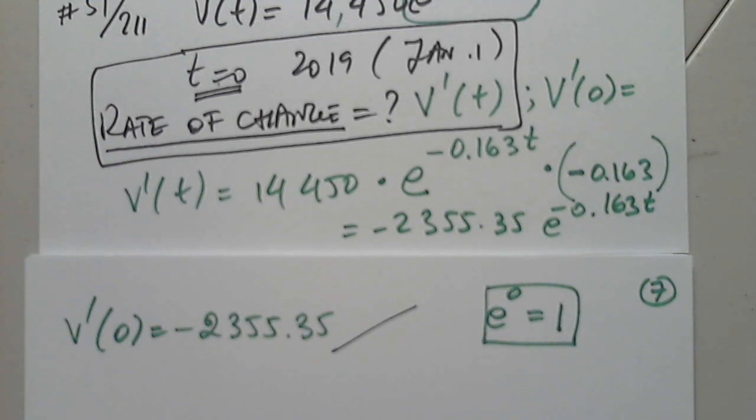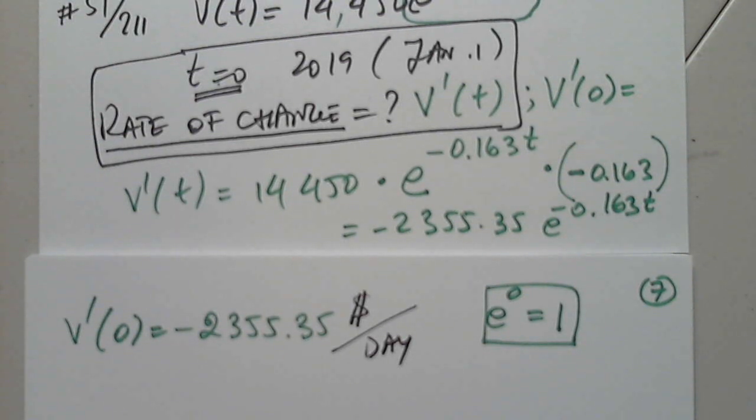The value of the equipment was in dollars after the date. So at that date, the value was changing by 2,355.35 dollars per day.